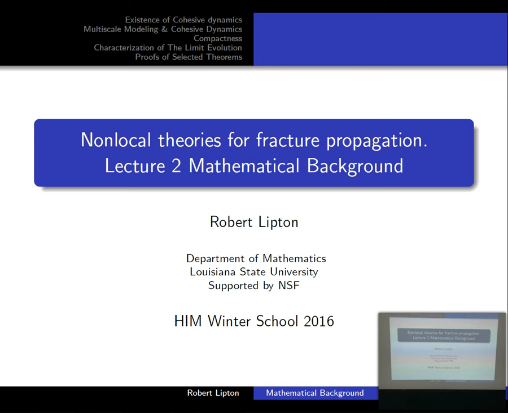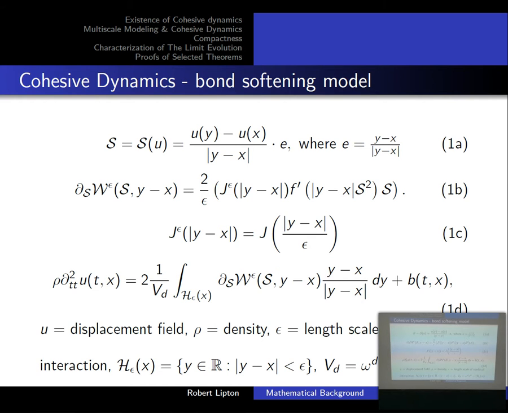So let us start, and we'll review the boundary value problem and the setup that we introduced last lecture. So we have the strain here. Again, it's the difference quotient, a directional difference quotient along the direction e, where e is the unit vector pointing in the direction of y with base point x.